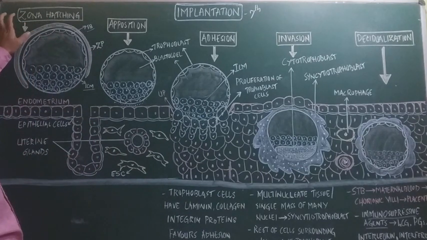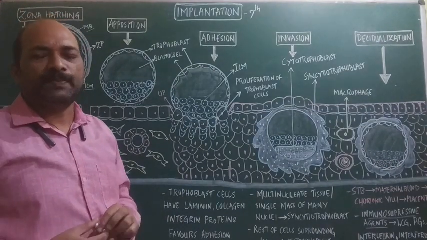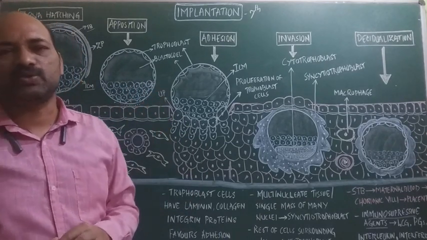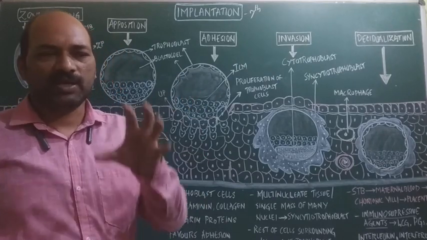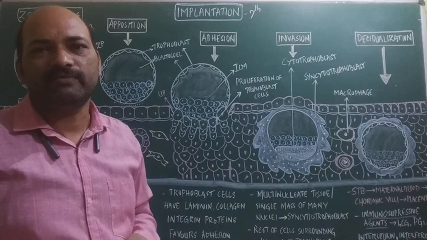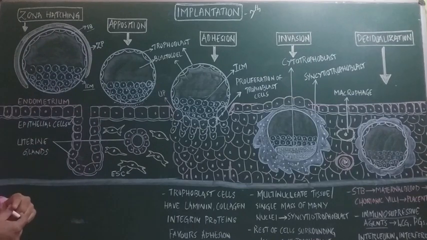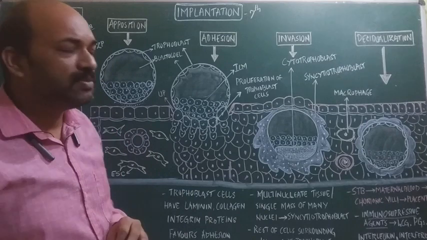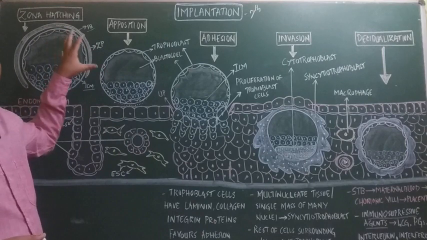So what happens in the first step? The first step is zona hatching. Zona hatching is the process where the zona pellucida surrounding the blastocyst has to be removed. Once the breakdown of the zona pellucida occurs, that is what we call zona hatching. This is facilitated by lytic factors secreted by the endometrium as well as the blastocyst itself.